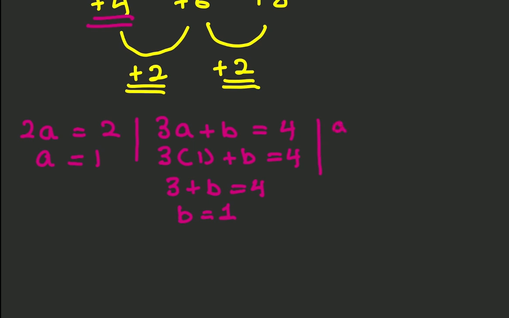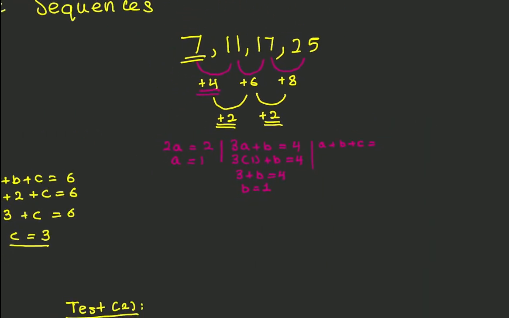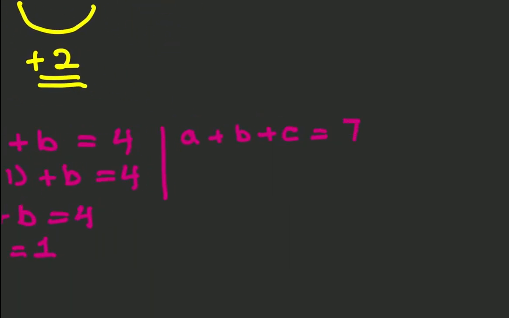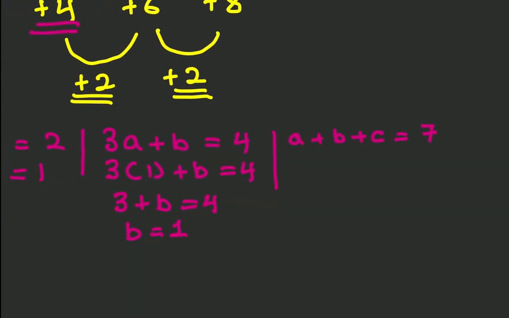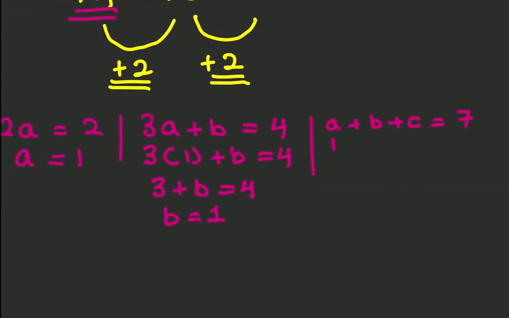It's a plus b plus c is equal to the first term of the original sequence, and that is 7. Let's plug in the values we have so far. That's 1 plus 1 plus c, so 2 plus c is equal to 7. So c is therefore equal to 5.